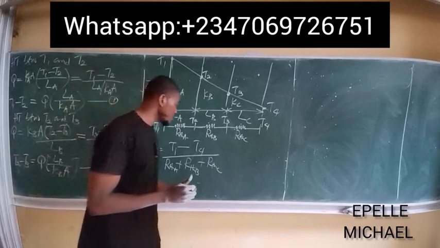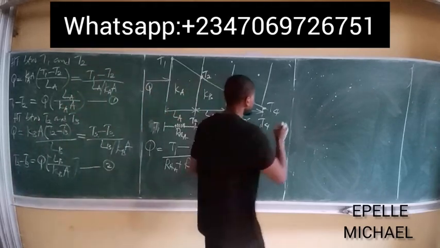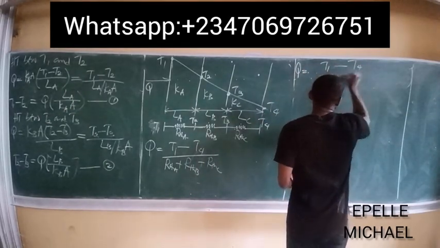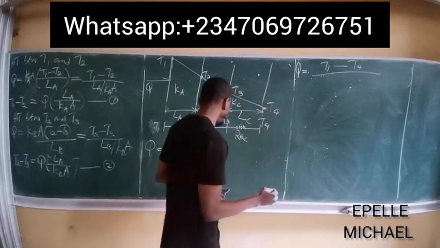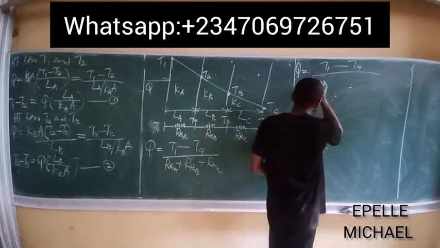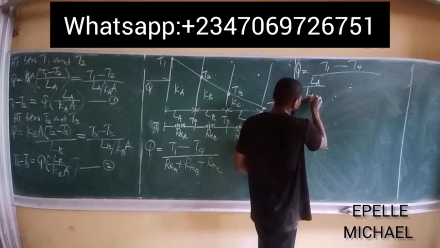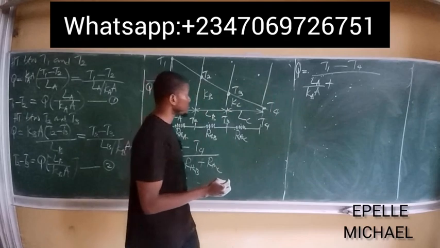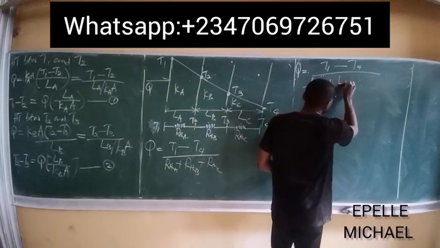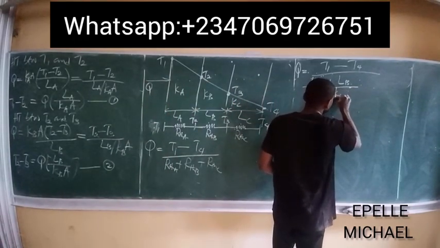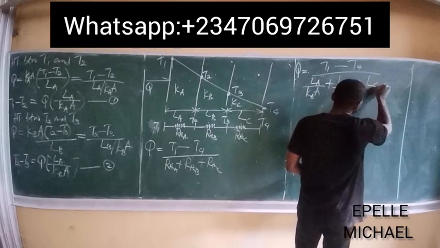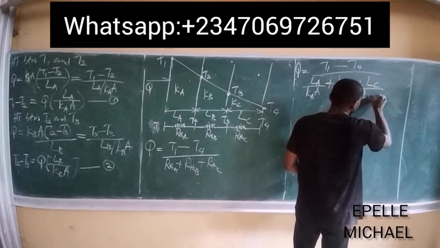And of course, you know the values of the thermal resistances. So that's simply saying heat is actually T1 minus T4 all over RTHA, which is simply given as LA all over Ka times the area, plus RTHB, which is simply given as LB all over Kb times area, plus RTHC, that's simply LC all over Kc times the area.